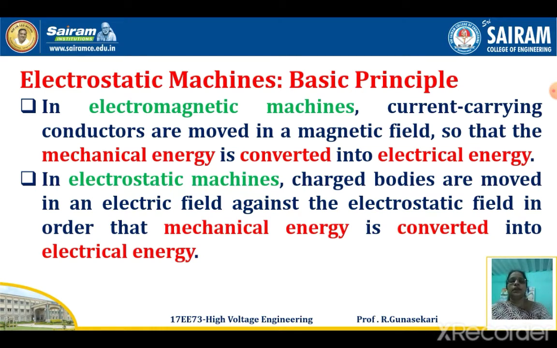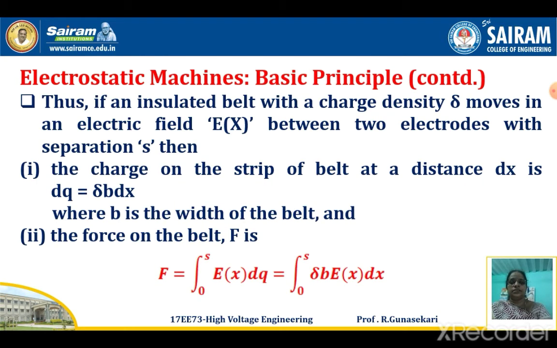This is the principle of electromagnetic machines. But in electrostatic machines, the charged bodies are moved in an electric field against the electrostatic field so that mechanical energy is converted into electrical energy. So this is the basic principle of electrostatic machines.